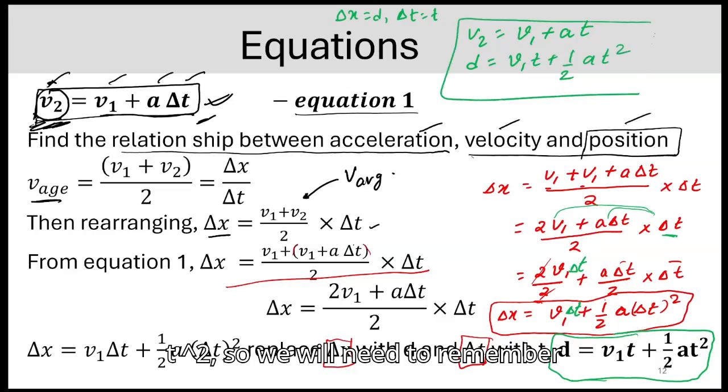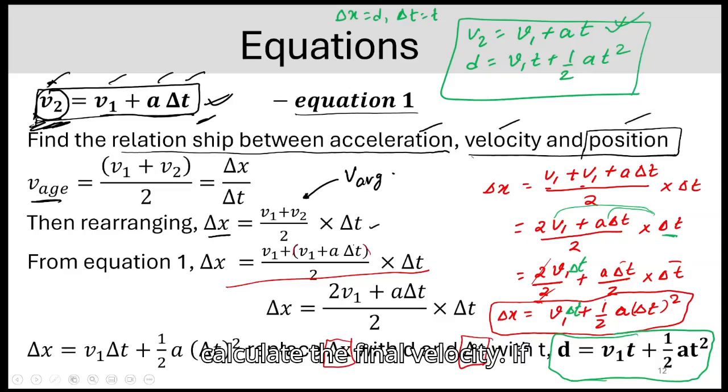So we will need to remember these two equations. The first is to calculate the final velocity given initial velocity, time period, and acceleration, and the second is for calculating the distance covered given initial velocity, acceleration, and time period.